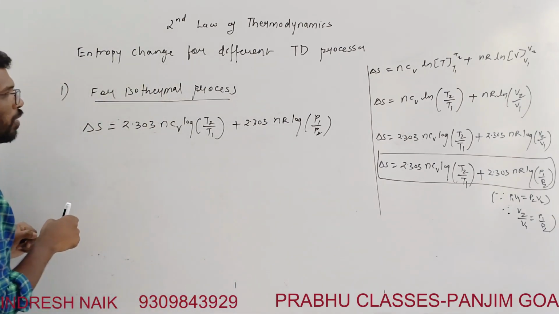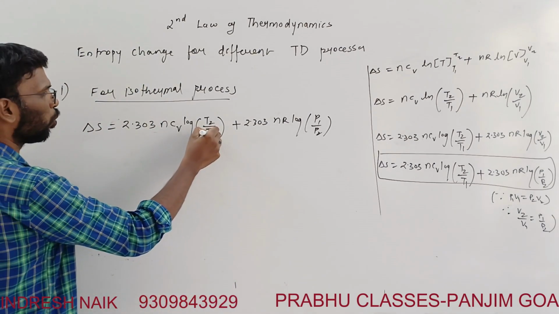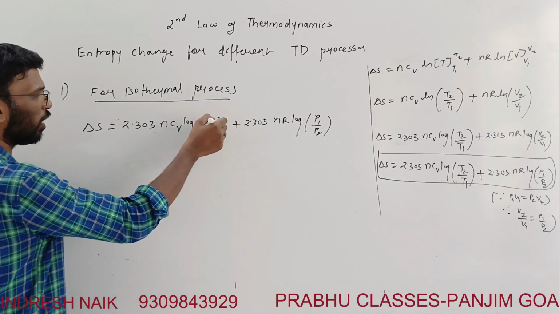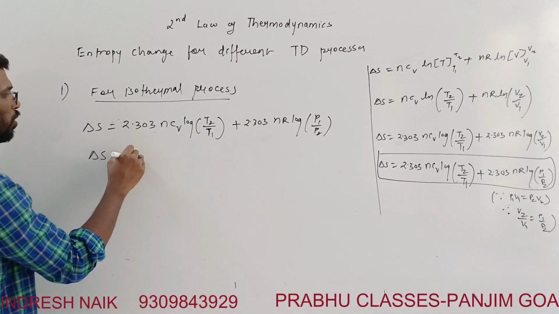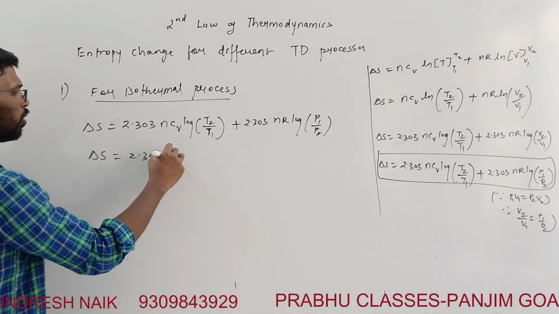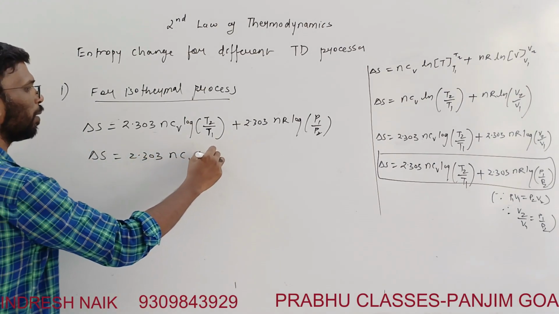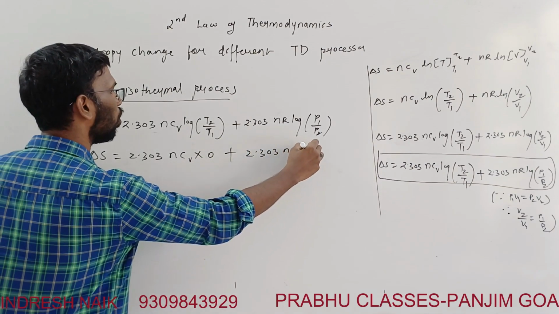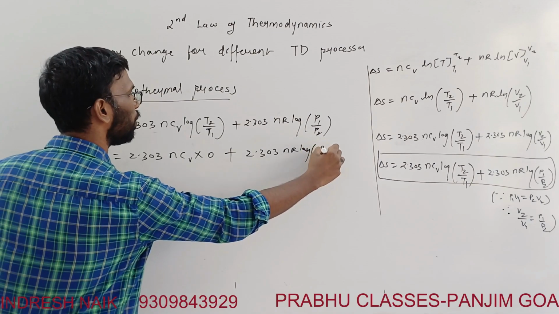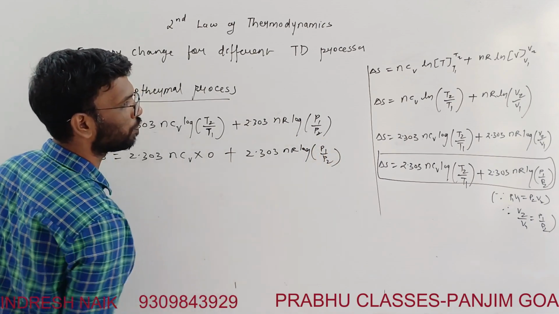For an isothermal process, these both are equal. Both are equal means what? Log of 1 is 0, no? So delta S will be equal to 2.303 nCv multiplied by 0 plus 2.303 nR log of P1 by P2, right?